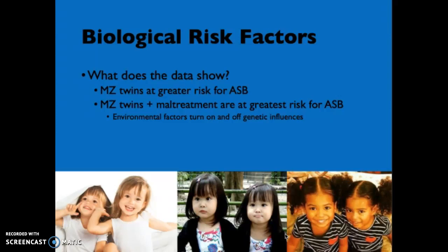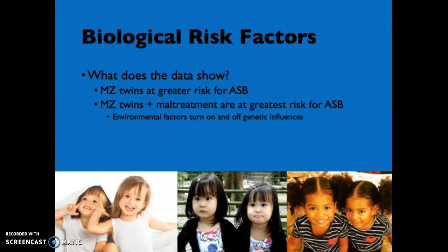If you have identical twins and they were maltreated, they're at even greater risk for antisocial behavior. We're going to learn more about this in a later video, but the environmental factors basically influence whether the genetics are turned on, in a very simplistic way. You can imagine that all our genes are there and they could be flipped on if we encounter some kind of situation.